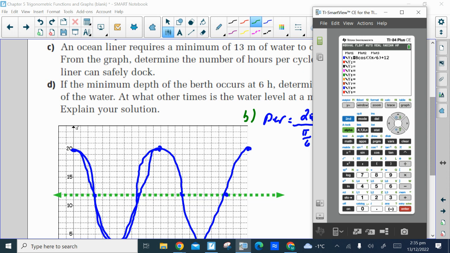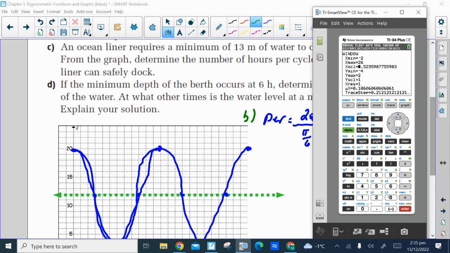Now, we're still going to be in radian mode. The only time you're switching into degrees is if you're actually told that your x-axis is in degrees, and definitely it's not here. We stay in radians. But we will have to change our window, and the graph on the page tells us what our window should be. I'm going to go from -2 up to +26 on the x-axis. The reason I'm starting at -2 is just so we can clearly see where the y-axis is.